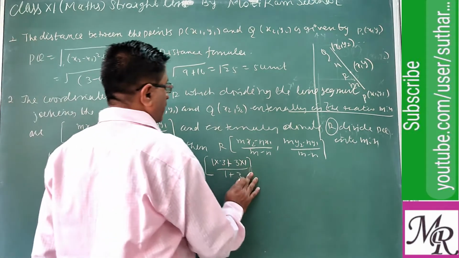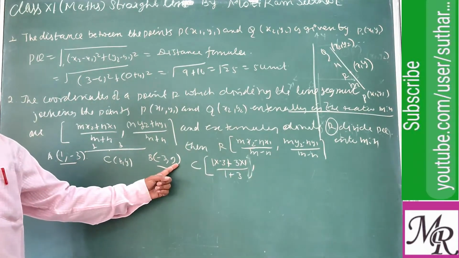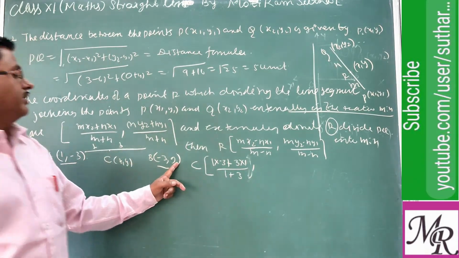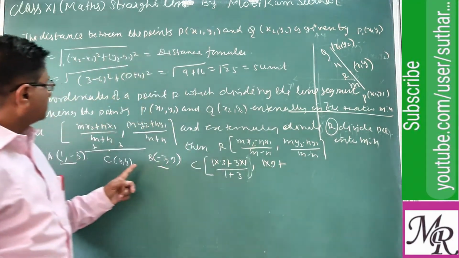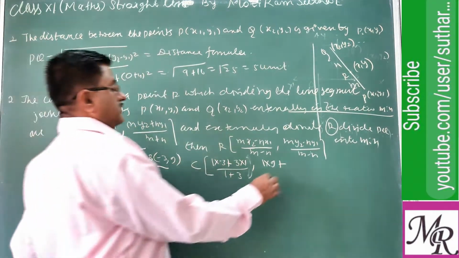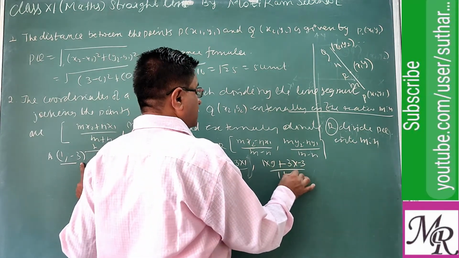Similarly, the y coordinate: 1 into 9 plus 3 into minus 3 upon 1 plus 3.